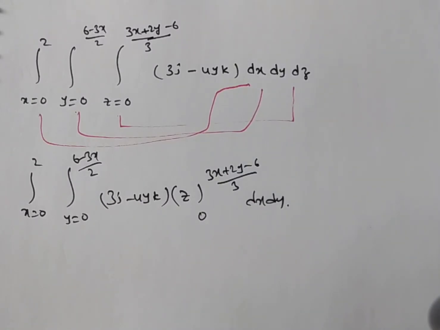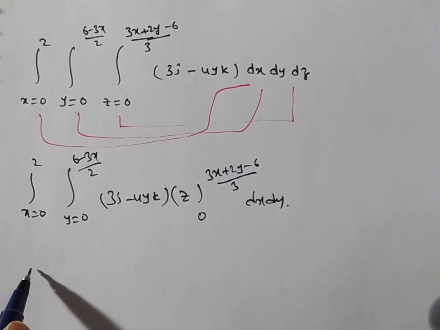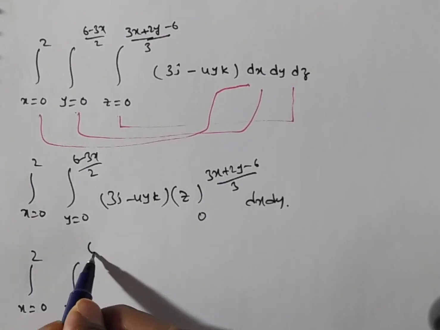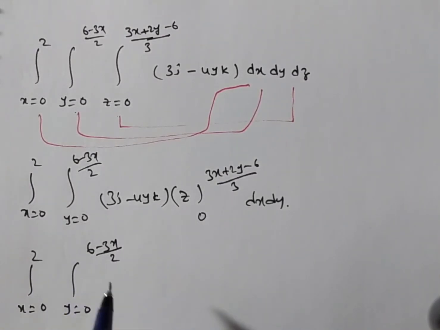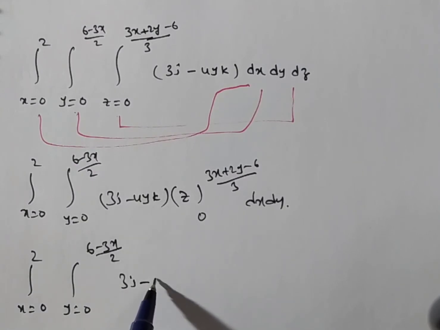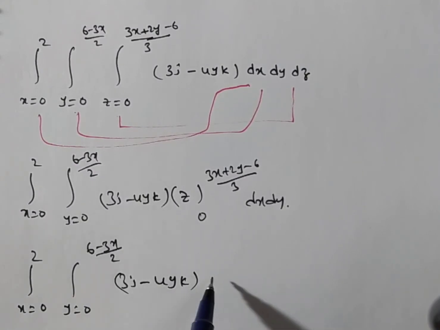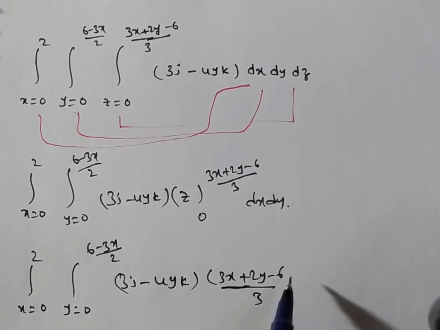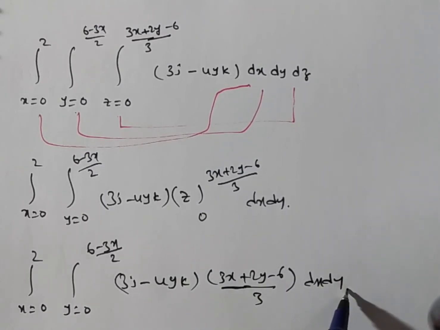If you substitute this, then we will have the integral from x = 0 to 2, y from 0 to (6 − 3x)/2, of (3j − 4yk) times (3x + 2y − 6)/3, into dx dy.